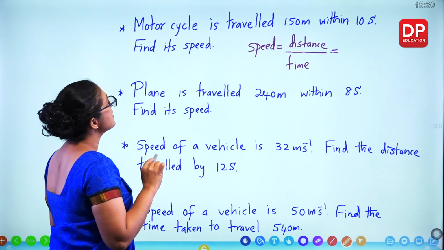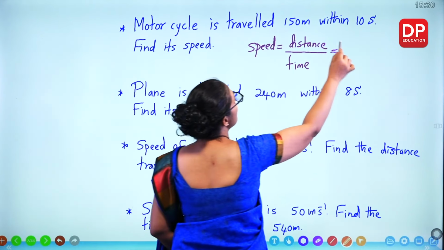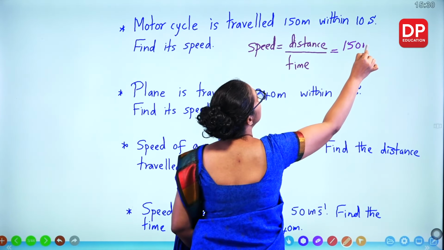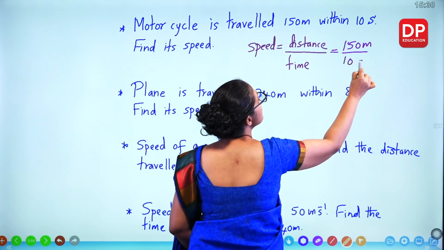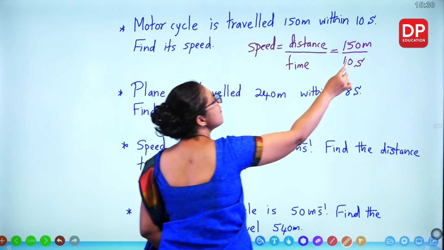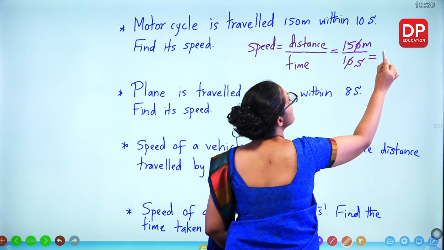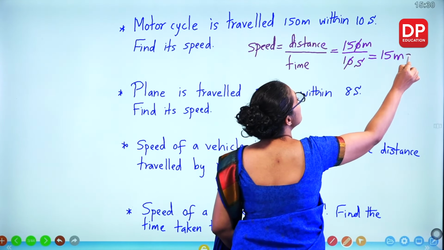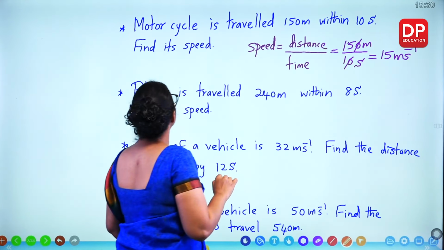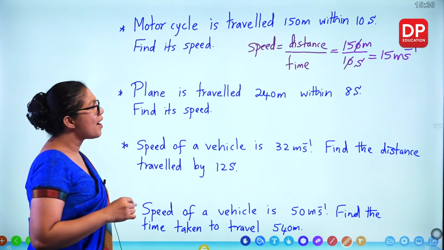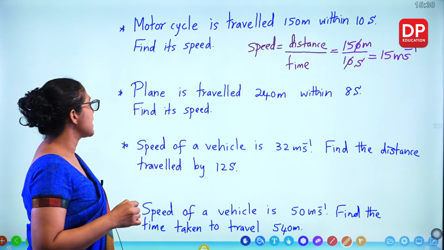Distance is 150 meters within 10 seconds. So when you simplify, you get 15 meters per second.